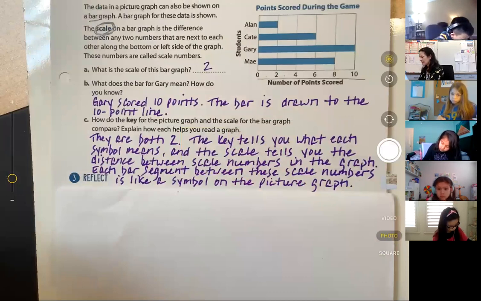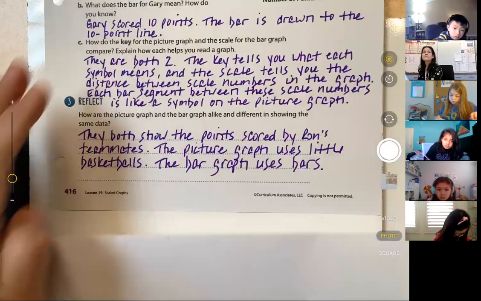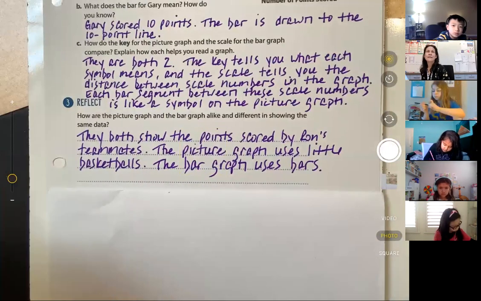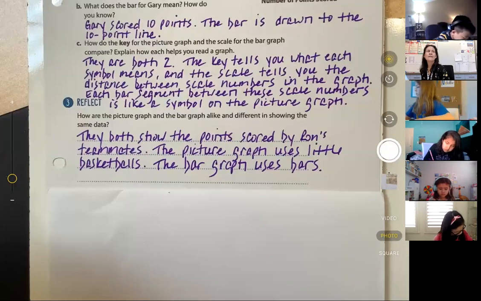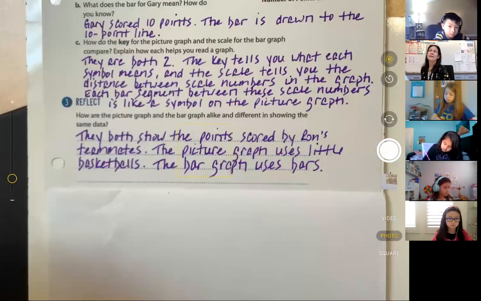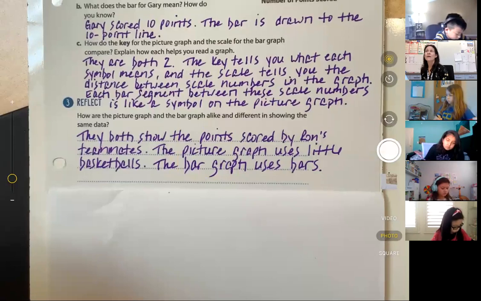So down here at the bottom, it is saying, how are the picture graph and the bar graph alike and different in showing the same data? So friends, going back to our reading skills, right? This is where we're comparing and contrasting. How are they alike, or comparing? How are they different, or contrasting?